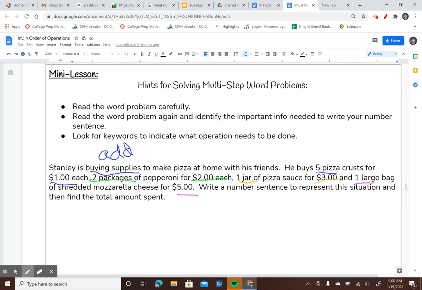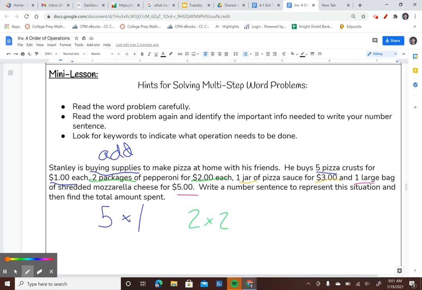So we're going to start off here by doing the pizza crust. So that's going to be 5 for $1 each. Next, we're going to look at pepperoni, which is 2 packages for $2 each.